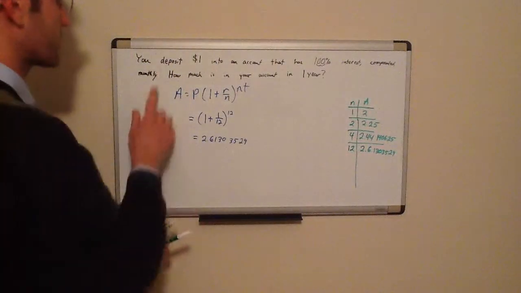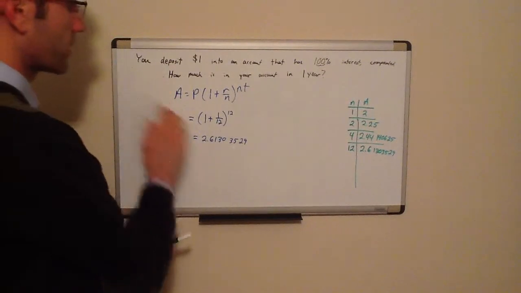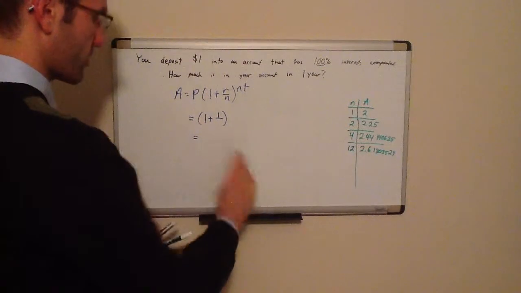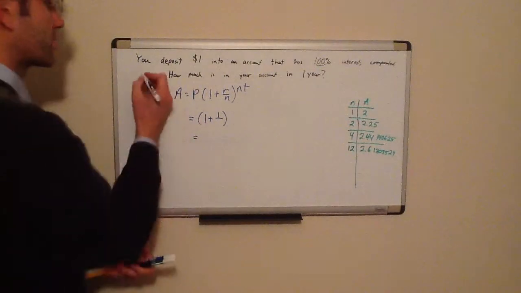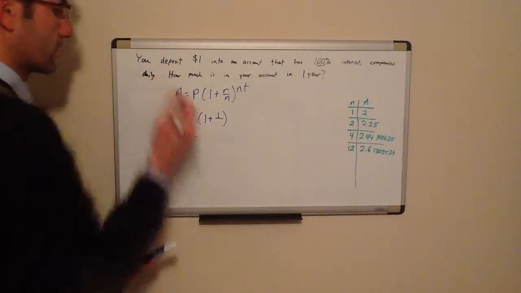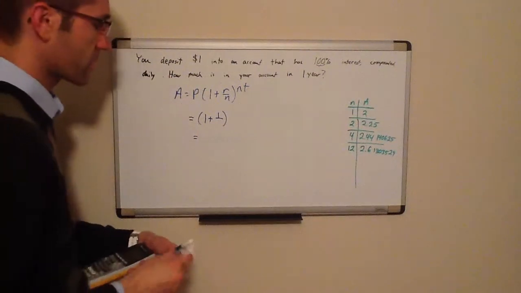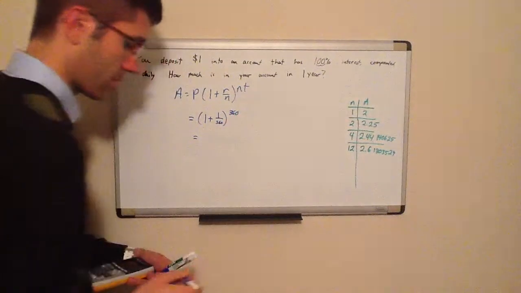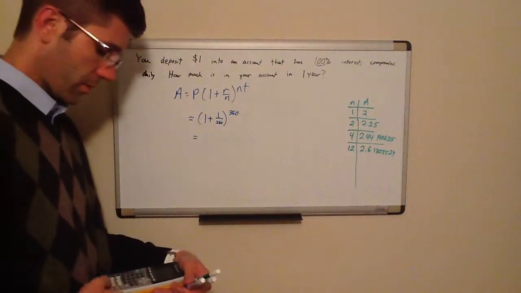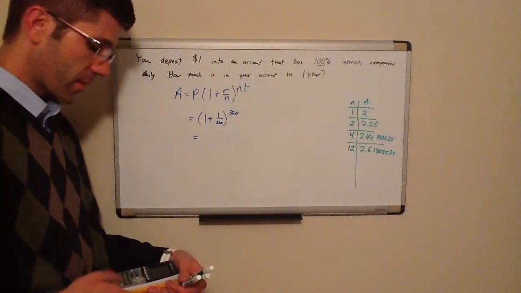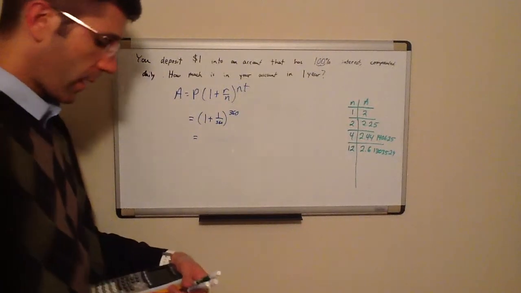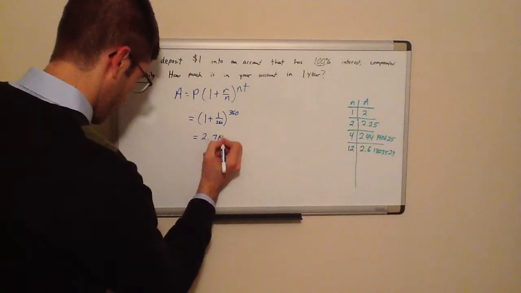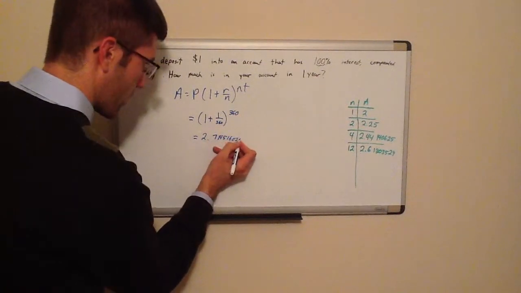Alright, let's go crazy with it. Let's compound our interest daily, which is the way most banks do it. That changes this 12, that changes this 12, so that will obviously change this answer. Changing this to daily means that is 360, that is 360, and I clearly cannot do this in my head. 1 plus 1 over 360, raised to the 360th power, and we get 2.714516025.